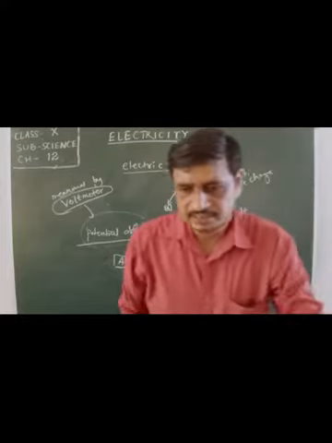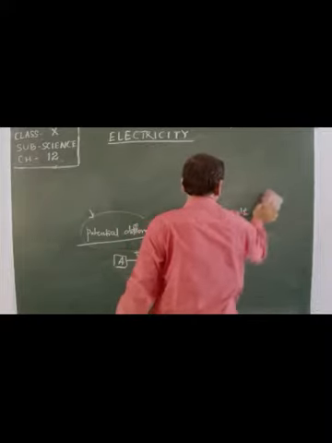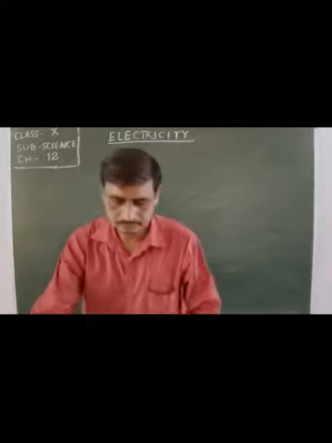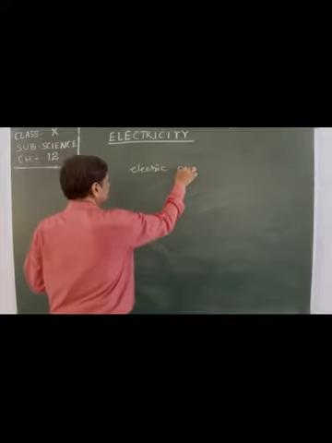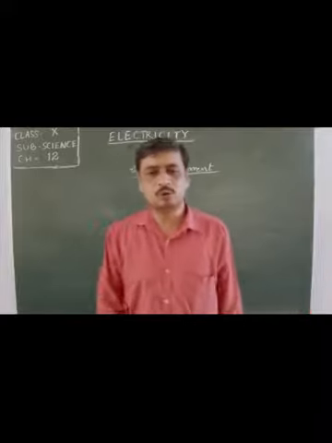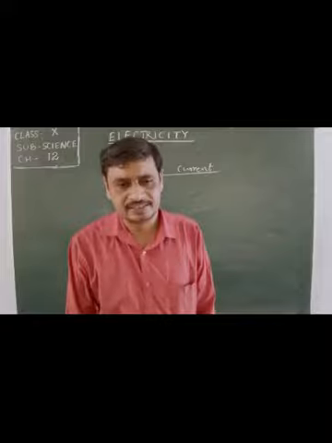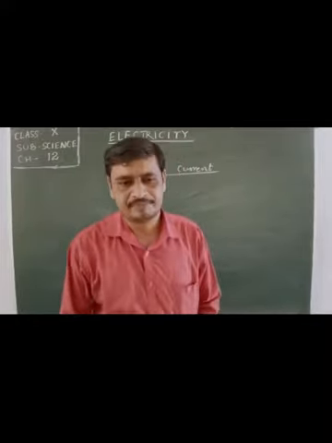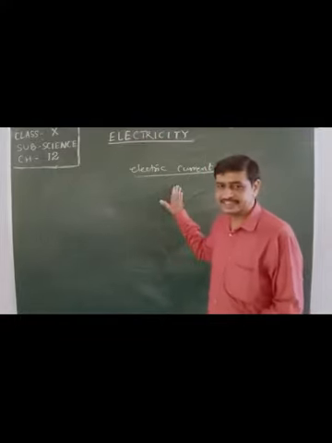Next, electric current. Electric current means the flow of electric charge, that is, electrons, in a conductor. Conductor means any conducting material like metal wires. This flow of electric charge in a conductor is called electric current.